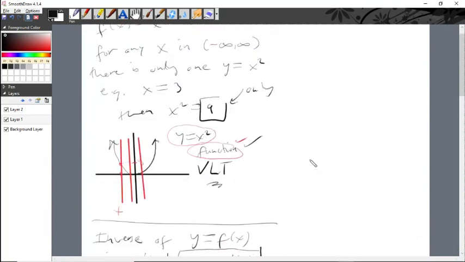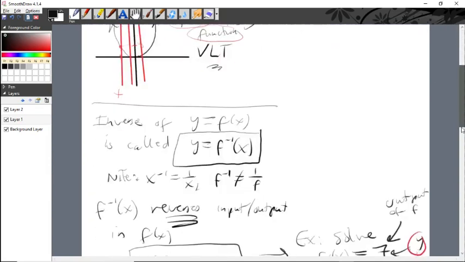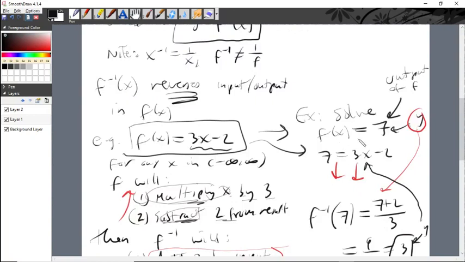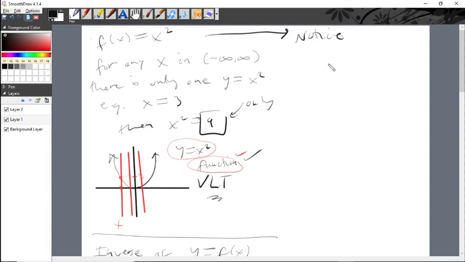And let's go back up here to this other function we had, f of x equals x squared. Notice that if we wanted to solve, like we were doing just a moment ago, for a given output, if we wanted to solve f of x equals some number, let's take a number that's convenient, let's say f of x is equal to 9, that is, if we wanted to solve the equation x squared is equal to 9, right?